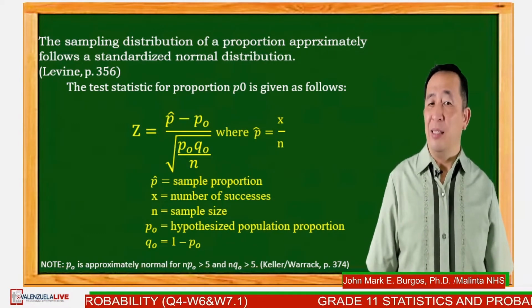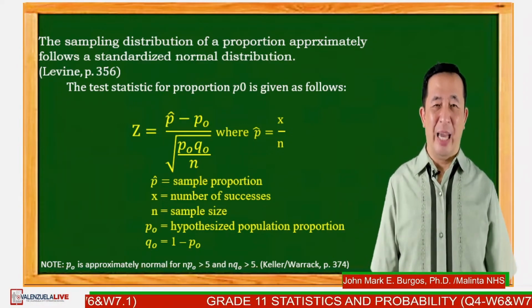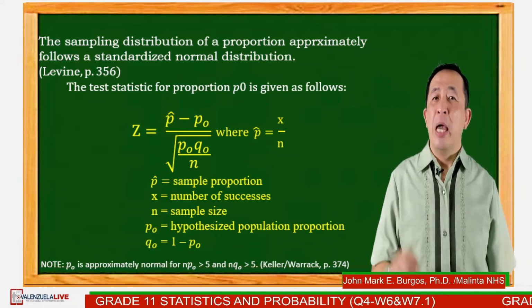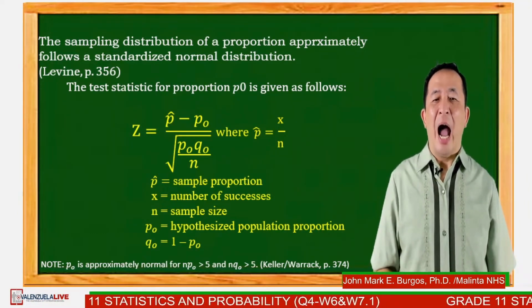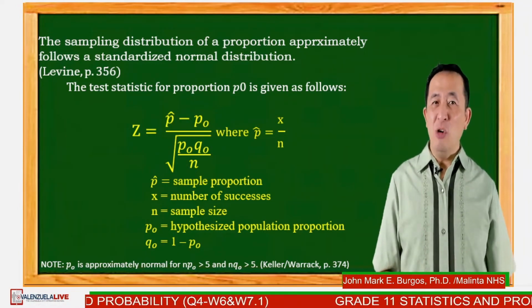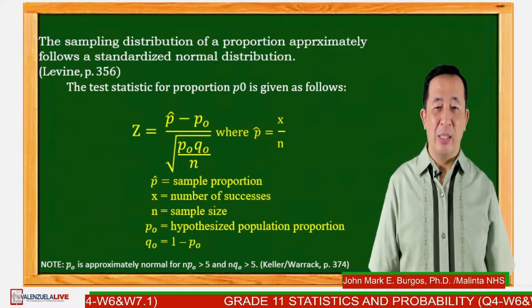P hat is the sample proportion, x is the number of successes, n is the sample size, p sub o is the hypothesized population proportion, and q sub o is 1 minus p sub o.